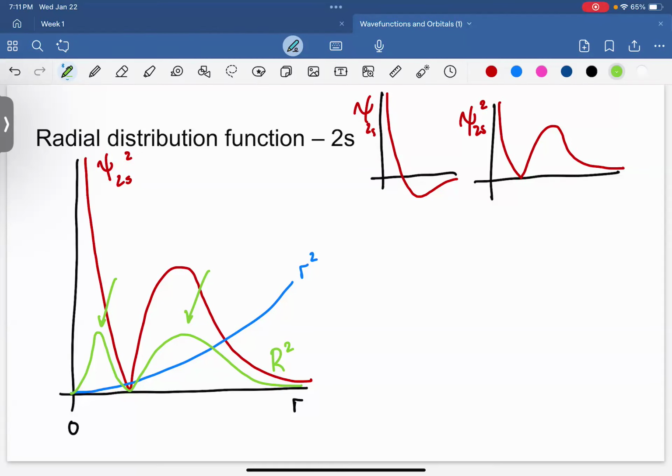So the 2s orbital has a maximum probability, the location the electron is maximally likely to be found at some location that's pretty close to the nucleus. This is a local maxima. I don't know which of these is actually larger in the actual function. They're not the same. I know they kind of look the same here. But it has some peak where it's pretty likely to find the electron pretty close to the nucleus, then less likely, and then more likely again.